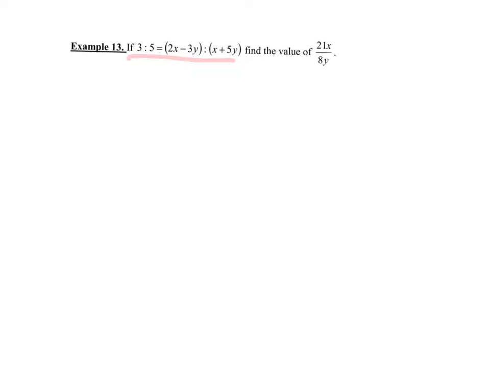Now we have algebra, so when we think about ratio in algebra, we are going to write this as a fraction. I have the equal sign. 3:5 can be written as the fraction 3 over 5. And then the other ratio over here will be 2x minus 3y over x plus 5y.